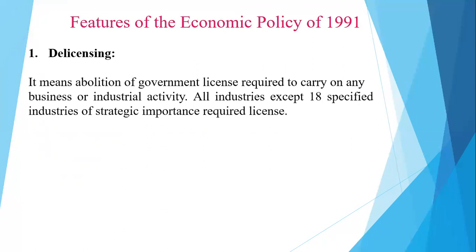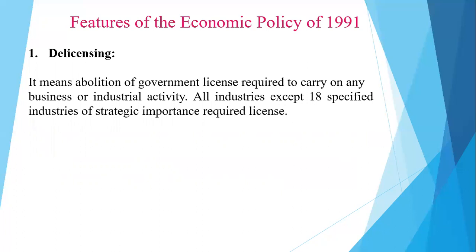So, first feature, delicensing. It means abolition of government license required to carry on any business or industrial activity. All industries except 18 specified industries of strategic importance require license.